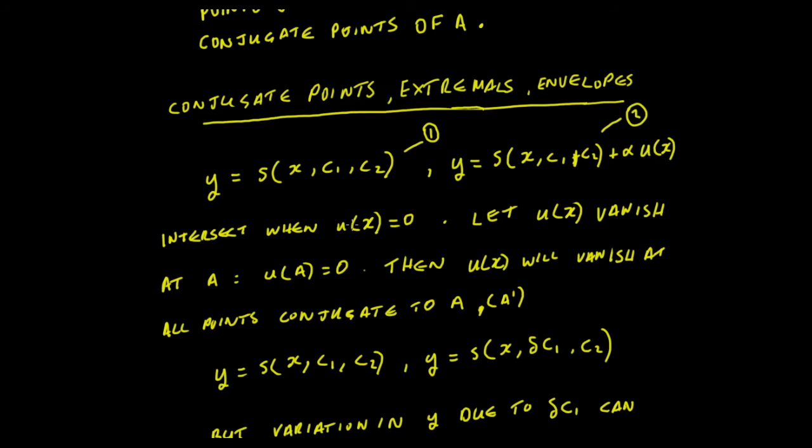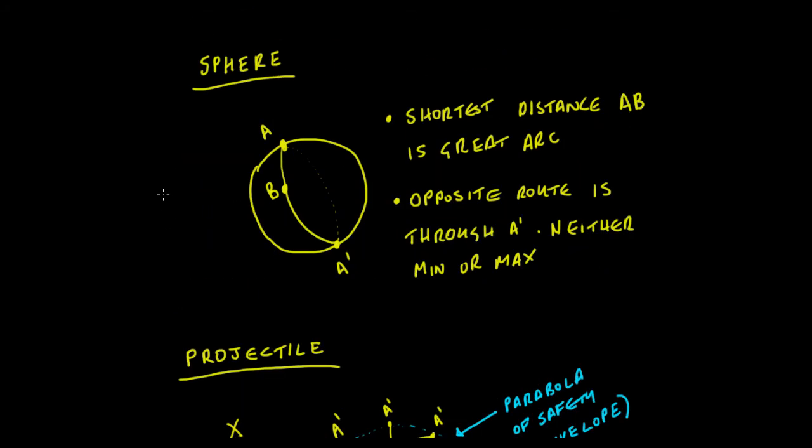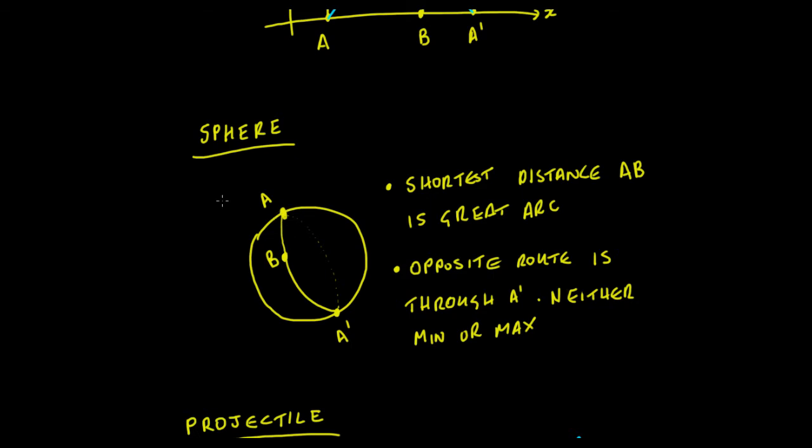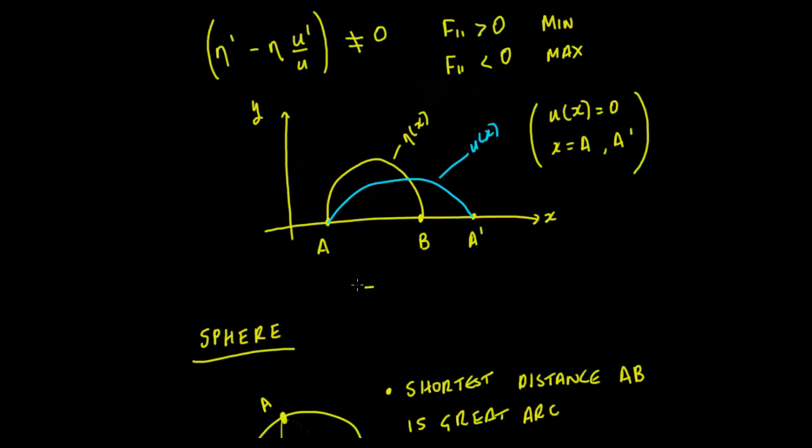So when u of x equals 0, this thing here is just going to be equal to this thing here, so the variation vanishes, and we let u of x vanish at some point A. For example, up here u of x vanishes at that point A there.